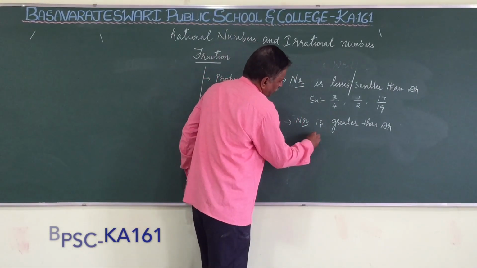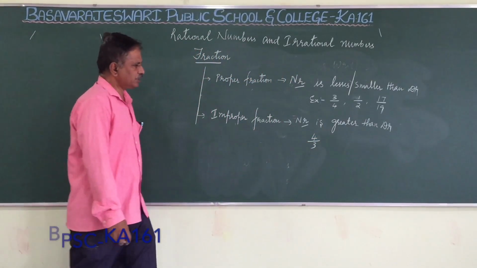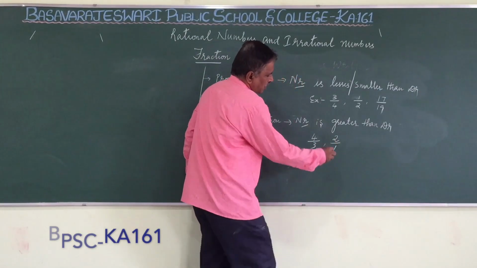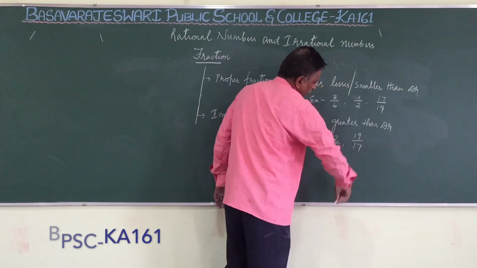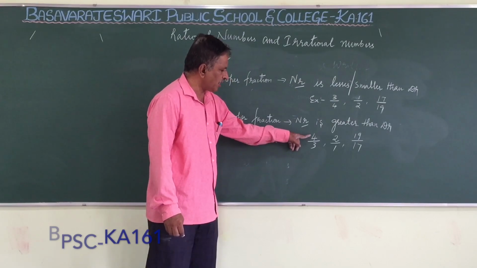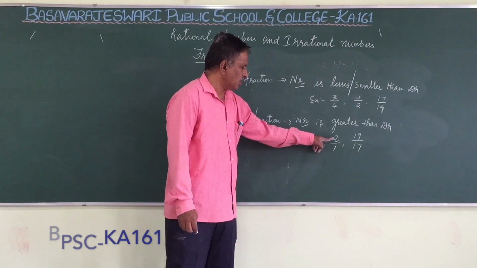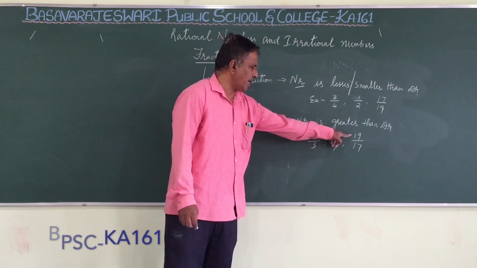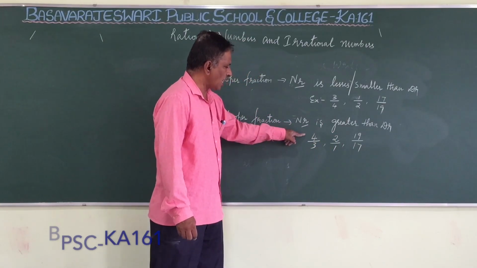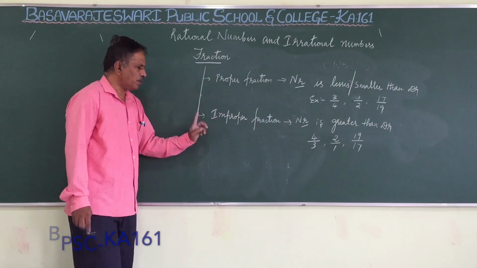You write the reciprocal of that: 4 by 3, 2 by 1, 19 by 17. Here 4 is the numerator and 3 is the denominator. Numerator is greater than the denominator. Here 2 is numerator, 1 is denominator, so 2 is greater than 1. Similarly 19 is greater than 17. Very clearly, if the numerator has a greater value than the denominator, it will become an improper fraction.